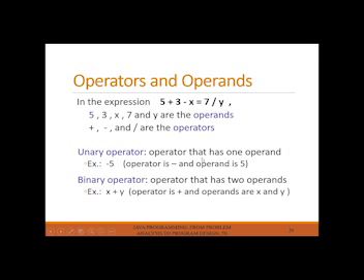Unary operators, an operator that has one operand. Example, negative 5. Ang operator natin is negative, ang operand yung 5, isa lang. So, isang operator na may isang operand. So, ang tawag natin doon sa minus sign mo dyan is a unary operator.